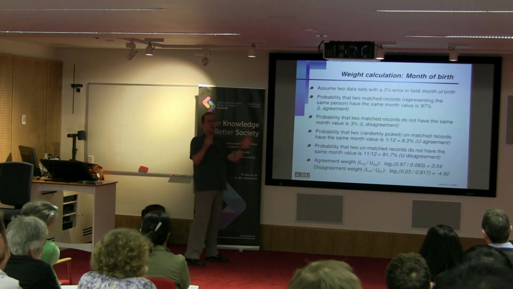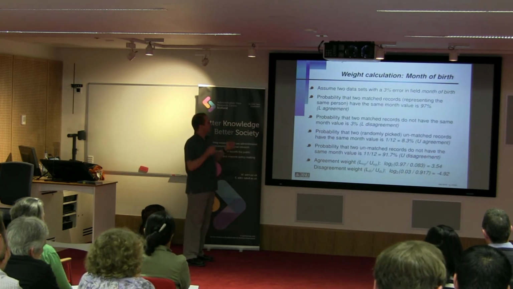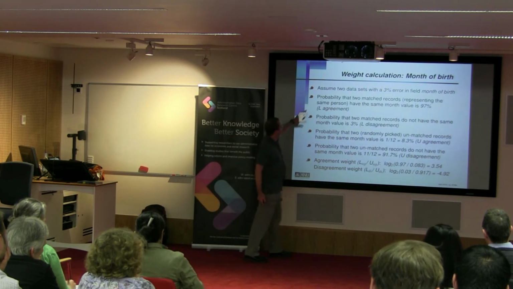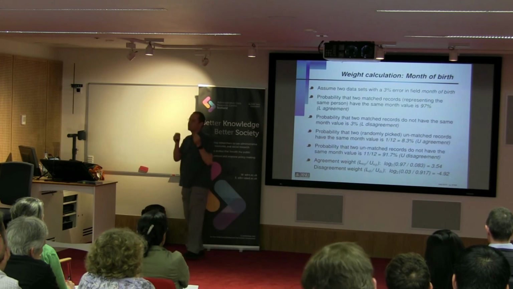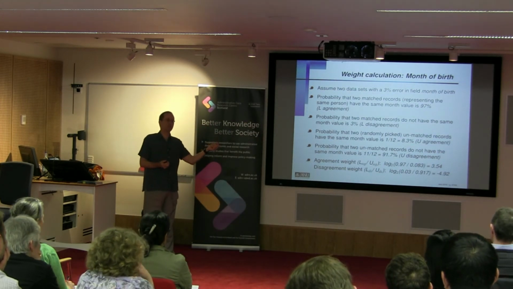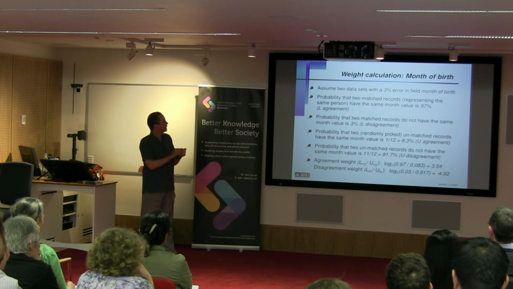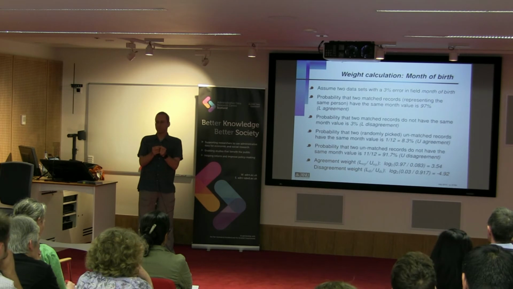So let's assume we know which records are about the same person. The first thing is, let's say we grab 2 records from the database where we know they're about the same person. Because there's a 3% error in the database, we know in 97% of the time they're going to have the same month of birth.